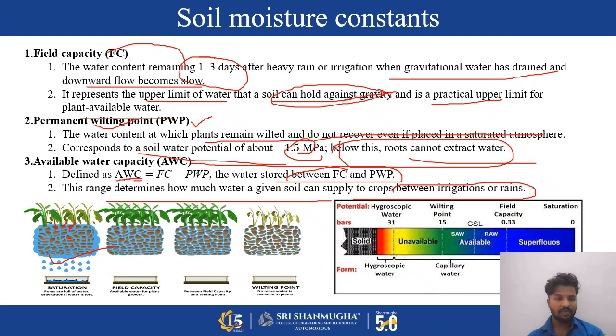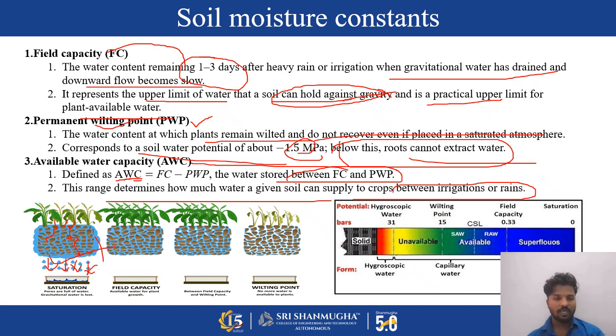The spaces between soil particles are called pore spaces, and they are filled with water. The water filling the space is given in blue color for your understanding. These downward droplet movements denote that the gravitational water flows downwards.